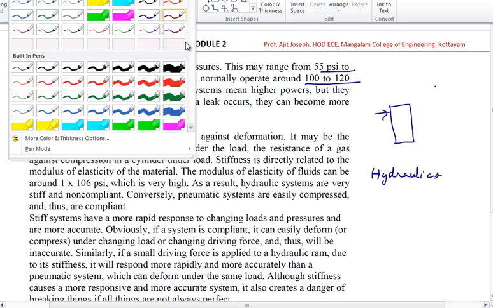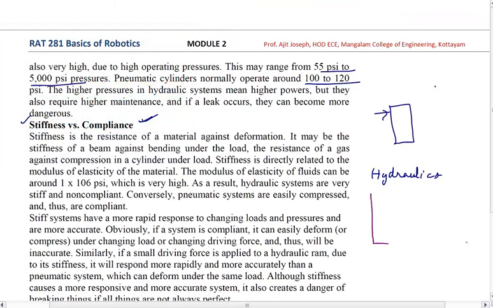Imagine this kind of cylindrical setup wherein there is oil, and then there are two diameters and two pistons. One piston is here and another piston is here.